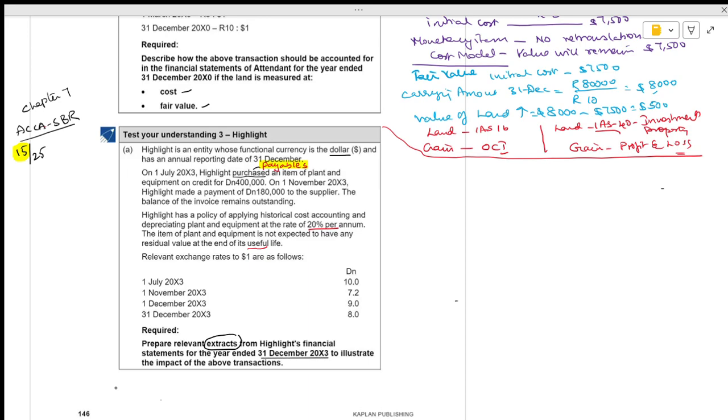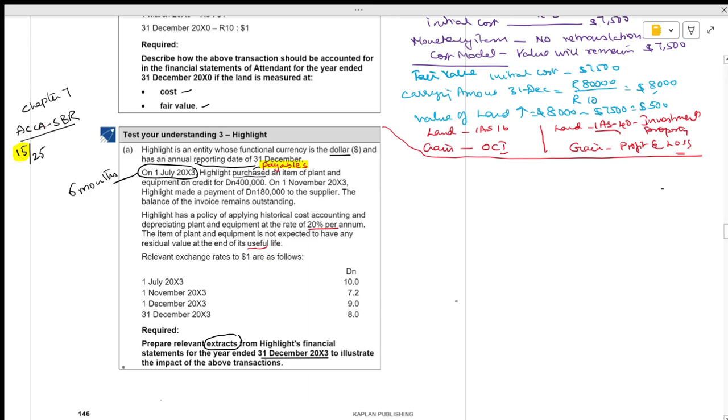The reporting date is 31st December and they purchased on 1st of July. From 1st of July to 31st December, how many months are there? Six months. This makes the difference, as we have to calculate depreciation for 6 months.